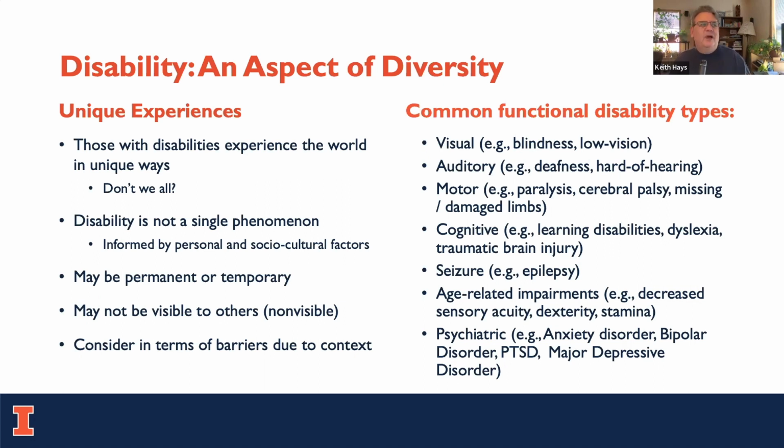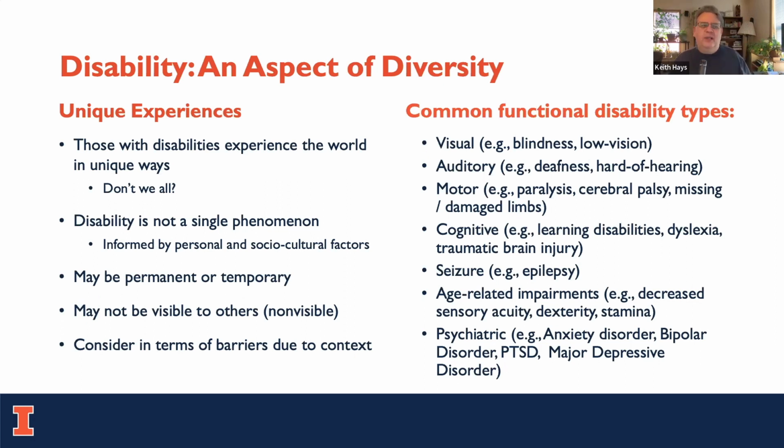To the right of this slide, there's a list of common functional disability types. Visual disabilities: blindness and low vision. Auditory: deafness, hard of hearing. Motor: paralysis, cerebral palsy, missing and damaged limbs. Cognitive is a large umbrella term. We're talking about learning disabilities, dyslexia, traumatic brain injury, anything that affects the ability to perceive information, to process that information and act on that information. Seizures.